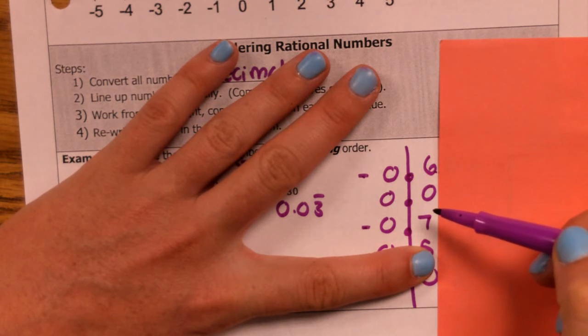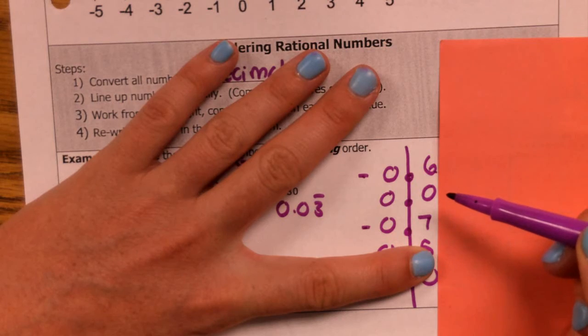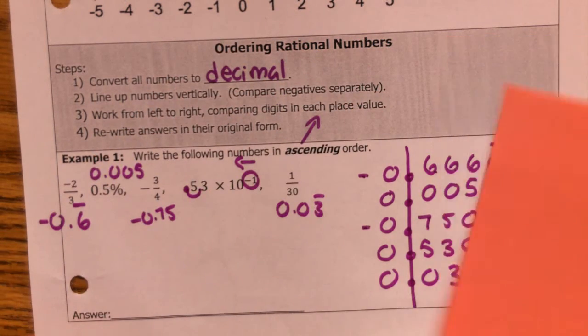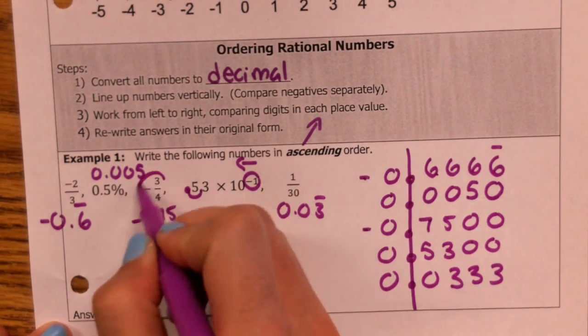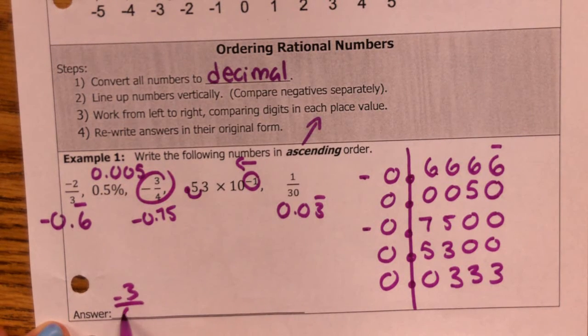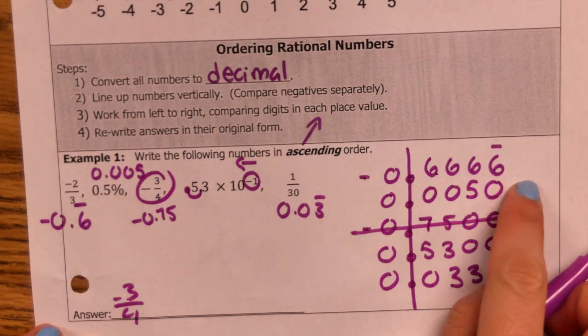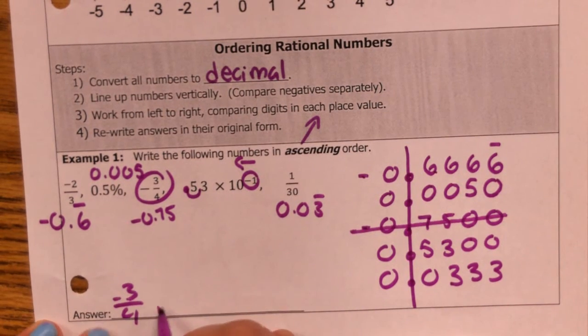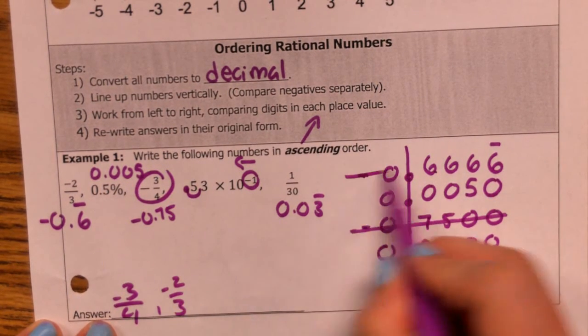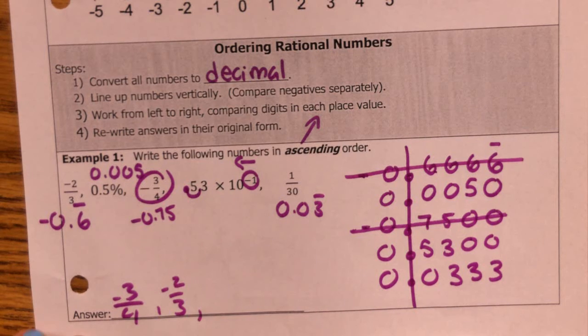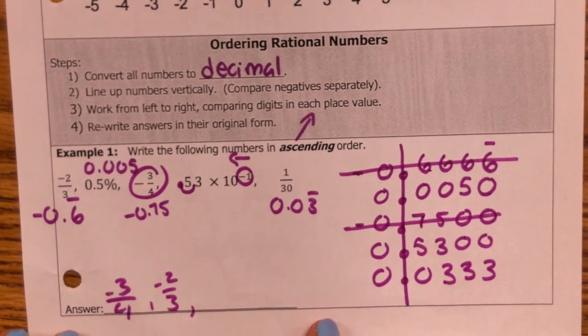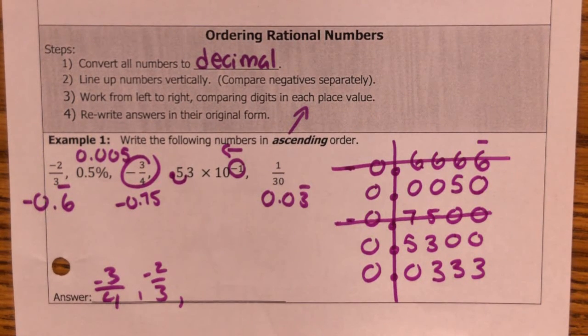Which is smaller, negative 6 or negative 7? Good. Negative 7 is smaller than negative 6, so this number is written first. So I'll cross that out. Then we can write the negative 6 number, or negative 2/3. We're writing them back in their original form when we're ordering them.